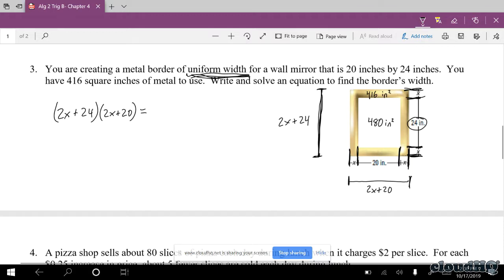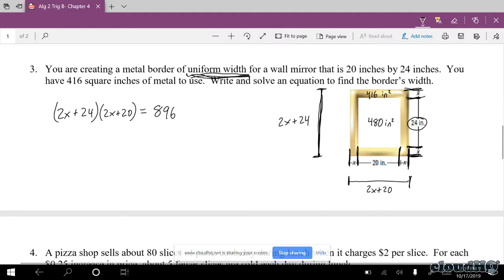We do, because the mirror itself was 480 square inches, and the border or the frame was an additional 416. So when I combine 480 and 416, I get the entire area, which would be 896. So base times height is equal to 896.